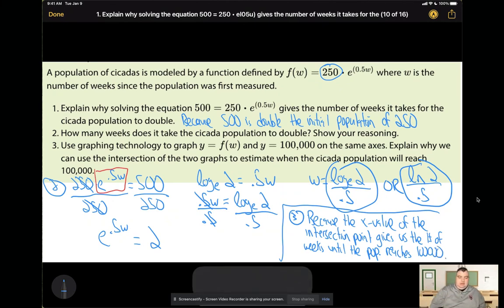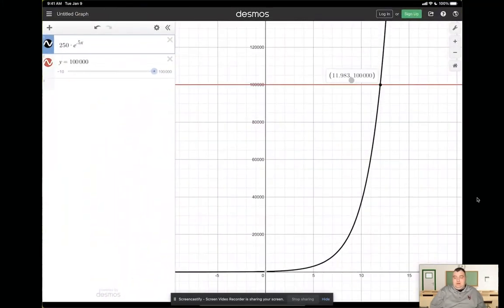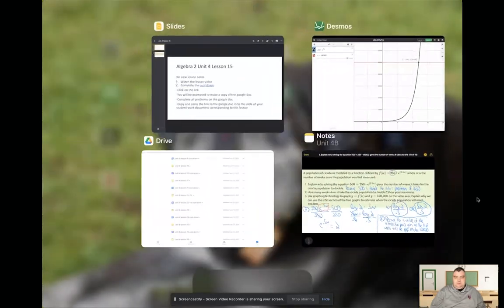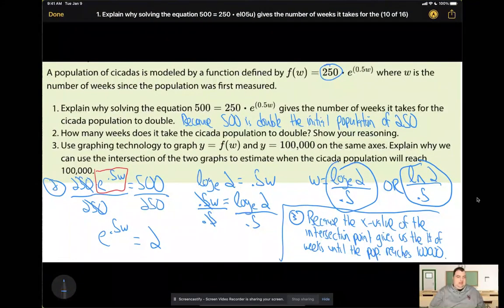Okay. And as we said, based on the graph here, it's a little less than 12 weeks later. Okay. So that is it for the examples, and that is it for this lesson.